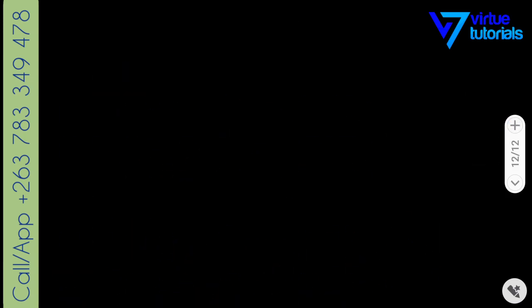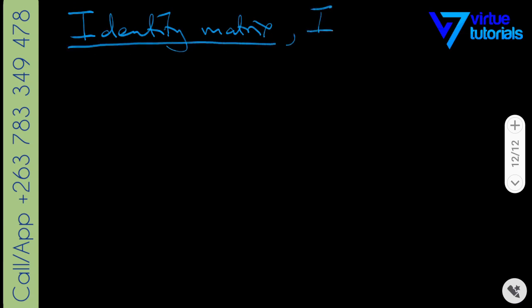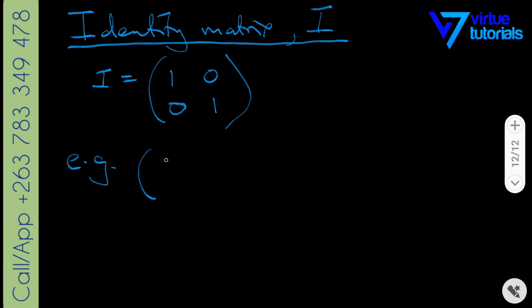The next matrix is an identity matrix. We usually use the capital letter I to denote the identity matrix. The identity matrix is simply the matrix 1, 0, 0, 1. Now, what's so special about this identity matrix?